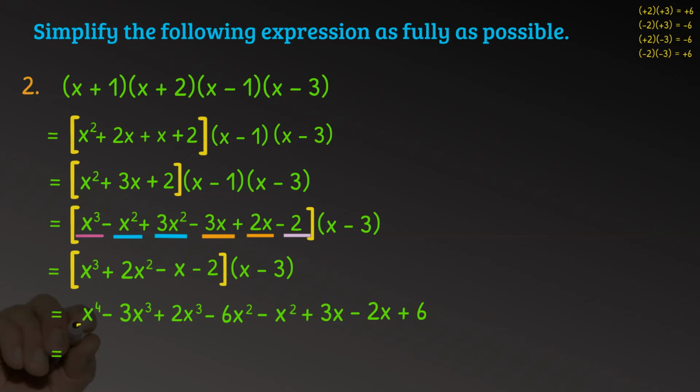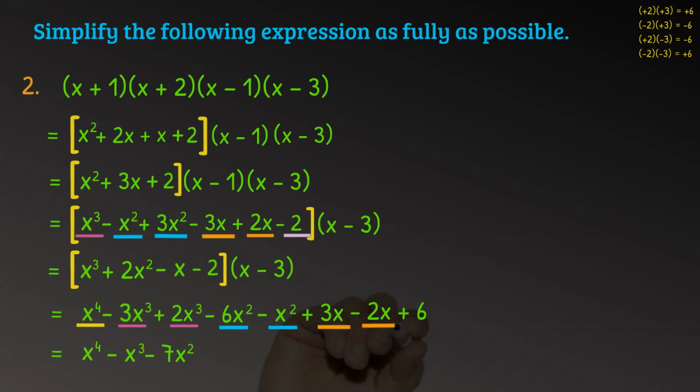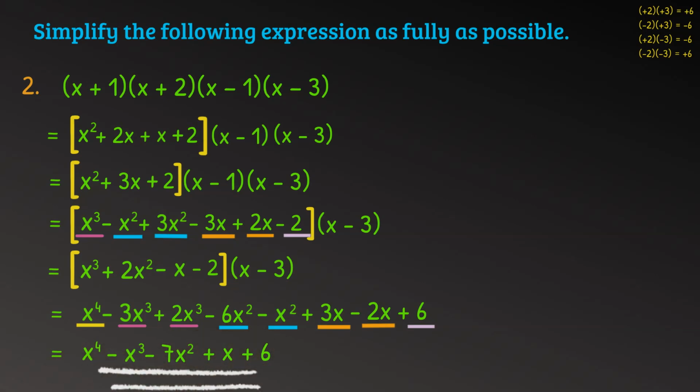We only have one term that contains x to the power 4, so that remains the same, but we have two terms that contain x cubed, so that becomes minus x cubed. We also have two terms that contain x squared, so that becomes minus 7x squared. And there are two terms that contain x, so that becomes plus x, and there's only one constant which remains the same, which is plus 6.